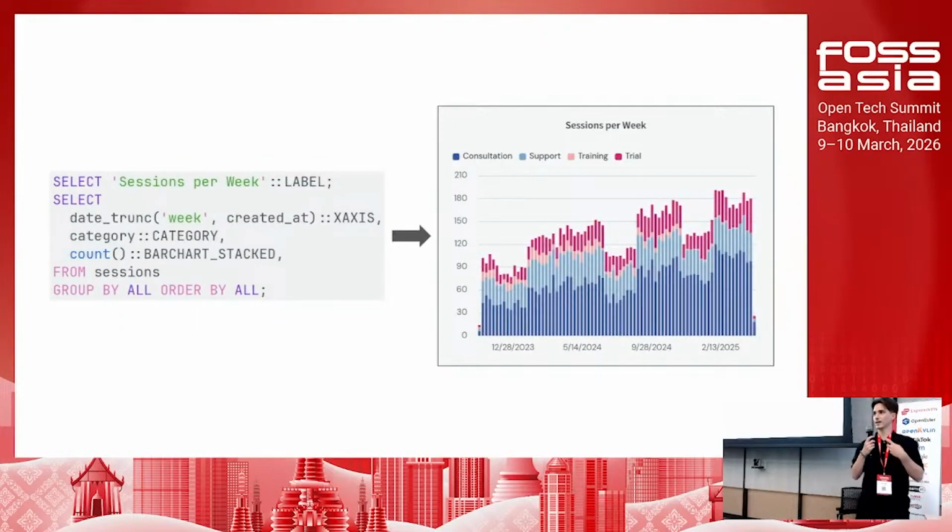And if you look at this, this might look a bit weird, but this is all just valid SQL. If you haven't seen this double colon notation here, that's basically a way to do type conversion in SQL. So when we look at the first line here, the text here, we convert it to the type label. But label here, it's not a standard SQL type, right?